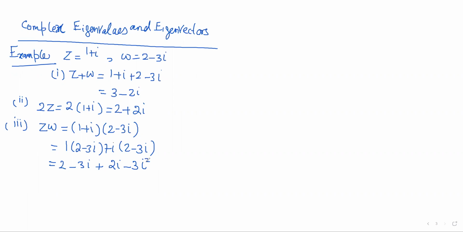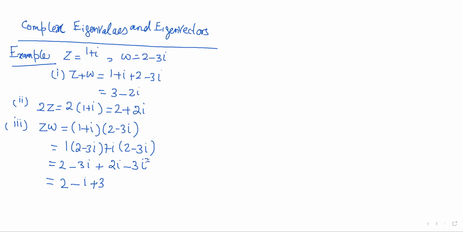Now you know that iota square is equal to -1. So this will become 2 minus 3 iota plus 2 iota, which is 2 minus iota, and then minus 3 times iota square, which is minus 3 times -1, so plus 3.